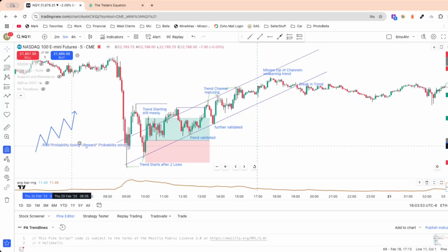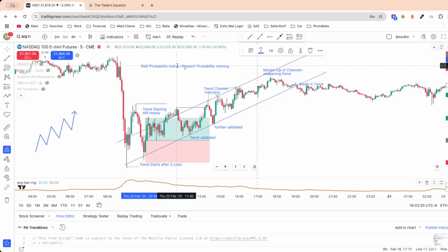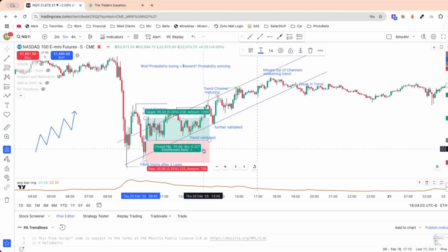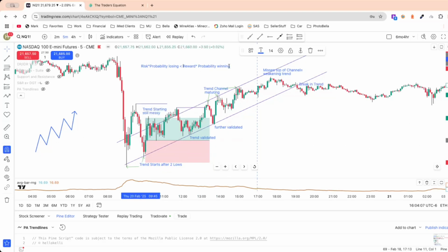Let me move that up here maybe. Okay, so that's the general idea of the trader's equation. So if I look here, this is having an equal risk to reward.